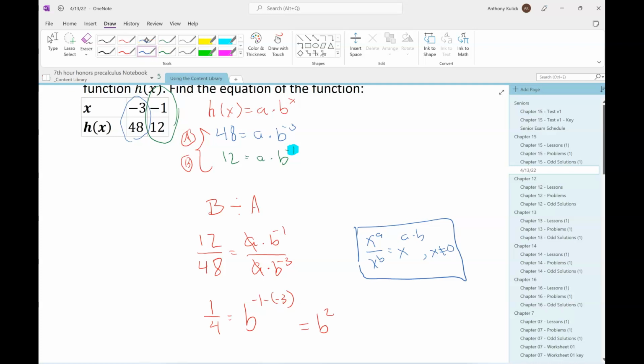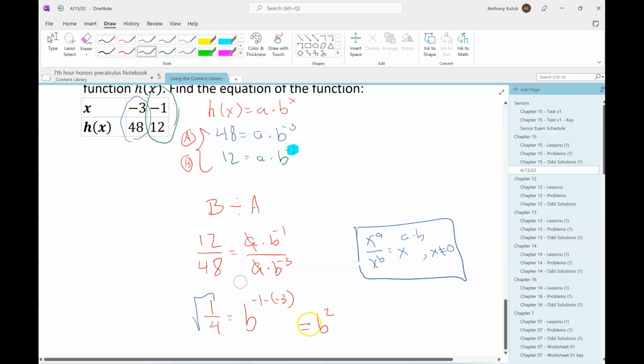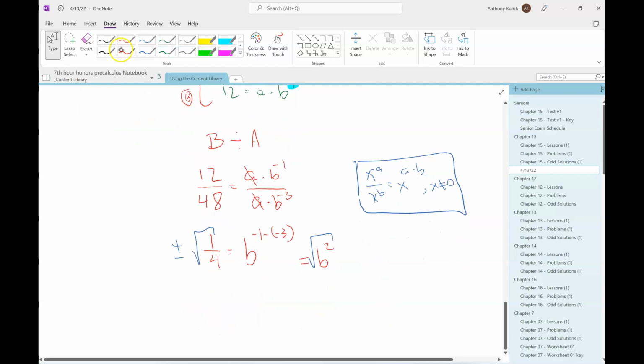So far, so good? To get that b by itself, what am I going to have to do? Right now I have a b squared. I want just b, so square root both sides. Very good. Remember, because we're doing it to both sides, we're generating a plus or minus by doing that.